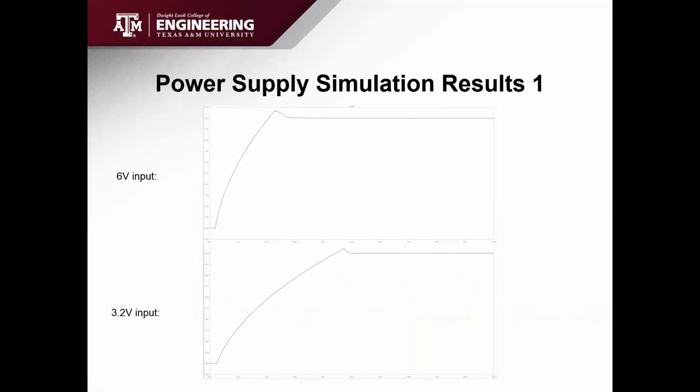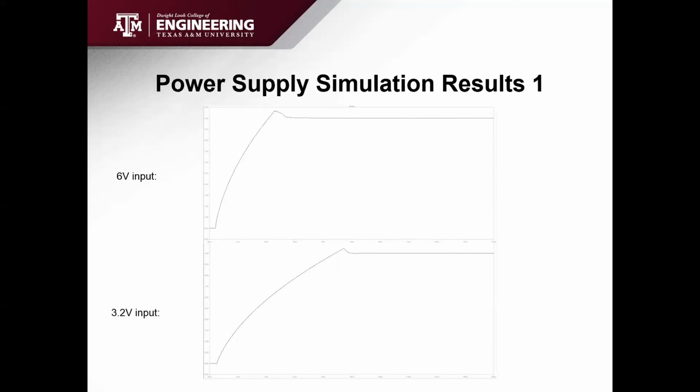Moving on to the power supply simulation, the input range goes from 3.2 volts to 6 volts due to battery charge and discharge. But as you can see, due to the components selected, the output is unchanged. In this case, it's the +5 volts output.